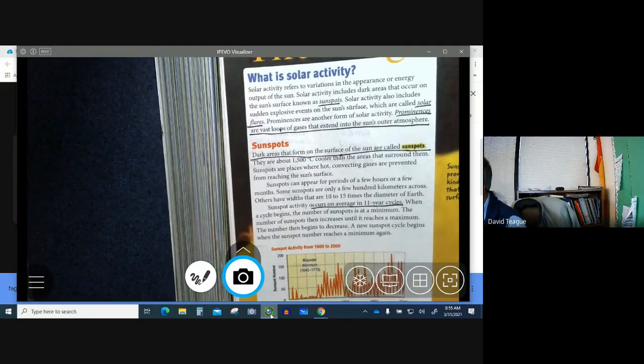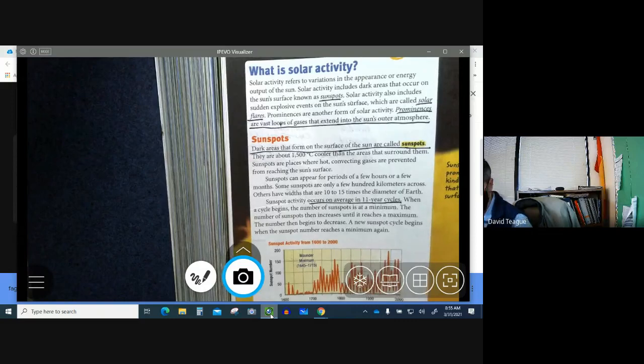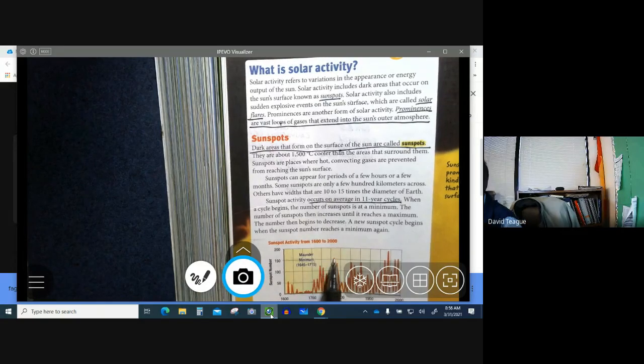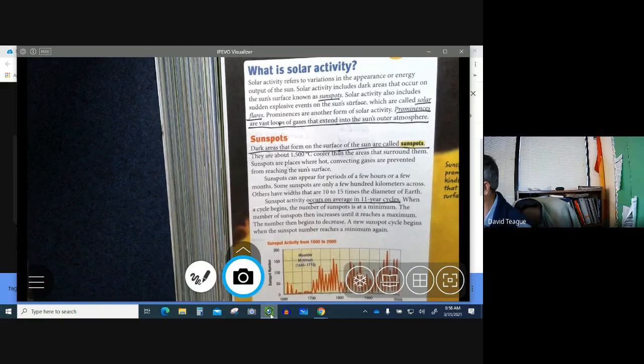So if we're looking at 1700 to 1800, subtract the minimum number of sunspots, which is 0, which is here, from the maximum number, which is 150, because that's your biggest number up here. So 150 minus 0 is 150.